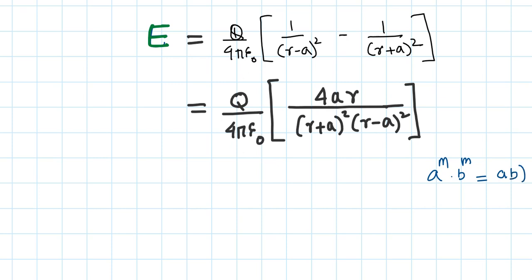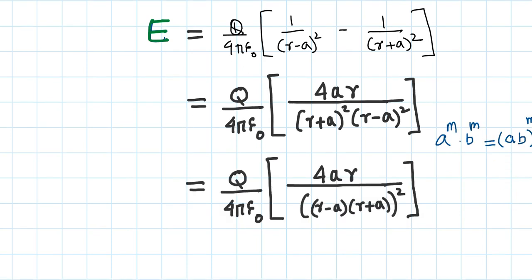You multiply the bases and pull out the power as common to both these bases. This is one of the basic rules of exponents, which is A raised to M times B raised to M will give you (AB) the whole raised to M. So in that sense, the denominator will become (R minus A) times (R plus A) the whole square.